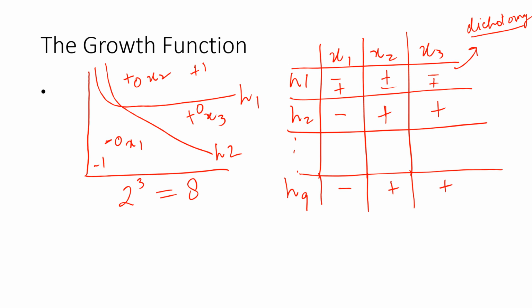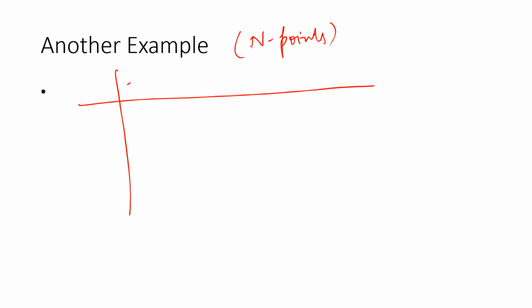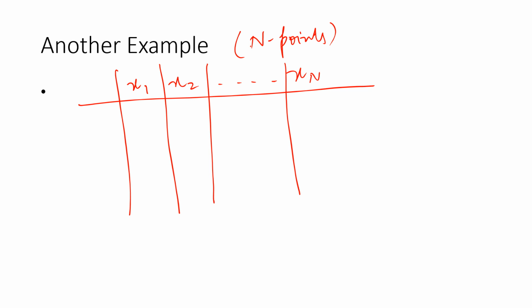So we can translate this into a more generic form where instead of talking about only 3 points, I could be talking about an arbitrary data set that has n points. Okay, so for example, if I have n points, which is x1, x2, and so on, which most likely I will have in any machine learning problem, and let's say our hypothesis h1 implements minus minus and then here plus, h2 implements something else, right, and so on.